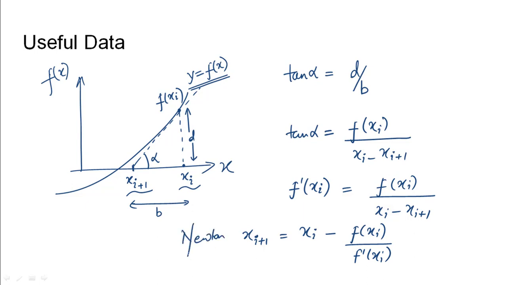This is the Newton-Raphson method for numerically solving an equation. Here, if we have an initial estimate of the x coordinate, we can find the next estimate, and we carry on this process until the solution converges.